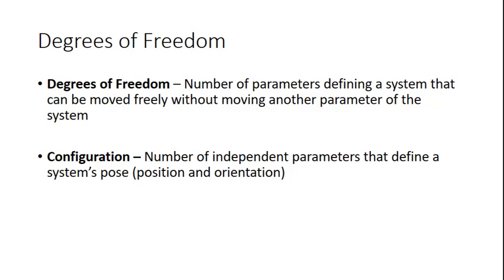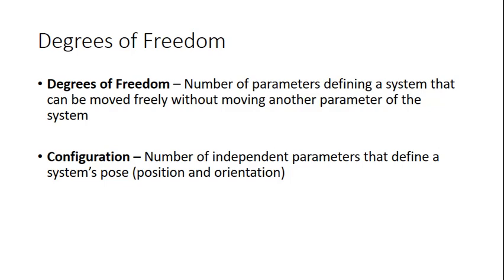So a configuration is like saying we have this reference point on our robot, but we acknowledge that the robot itself is much larger than a single point. So how do we compute all these other points on the robot that are not the reference point?